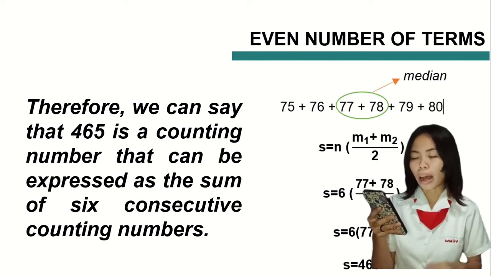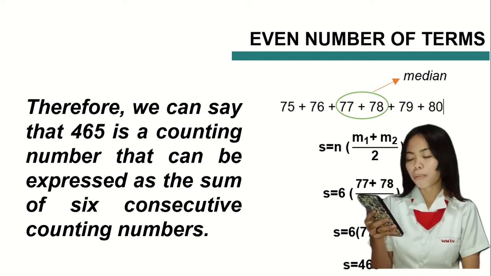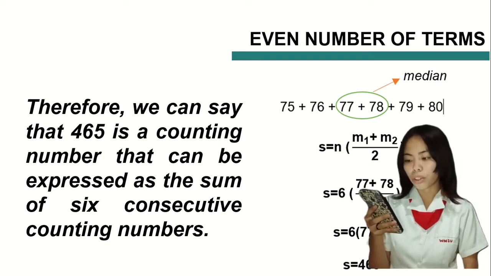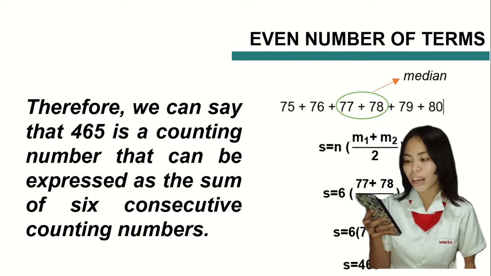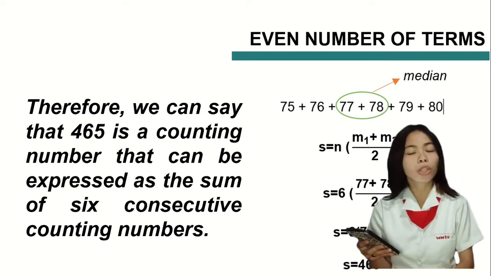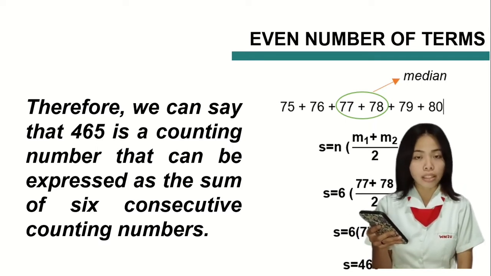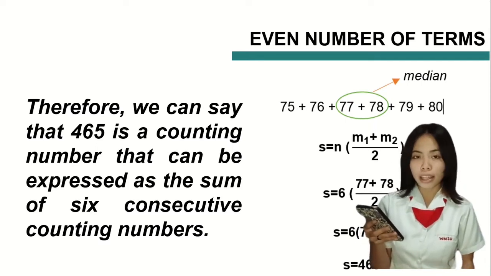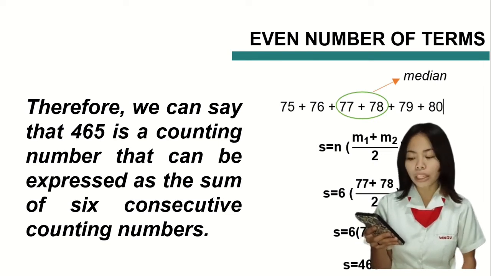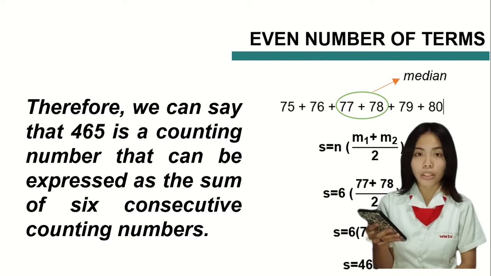Substituting the medians, 77 plus 78 over 2 equals 77.5. Multiplying it by 6, the result is 465. Therefore, we can say that 465 is a counting number that can be expressed as the sum of 6 consecutive counting numbers.